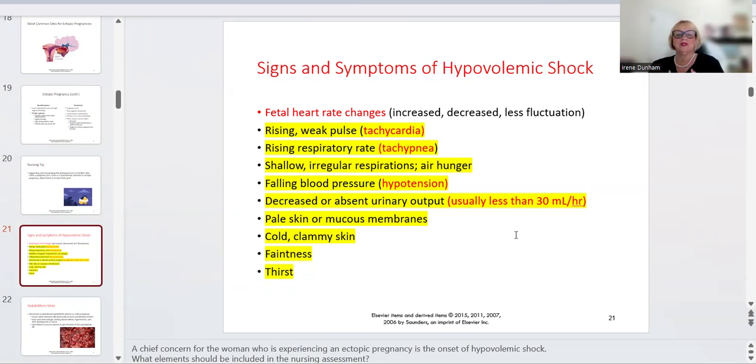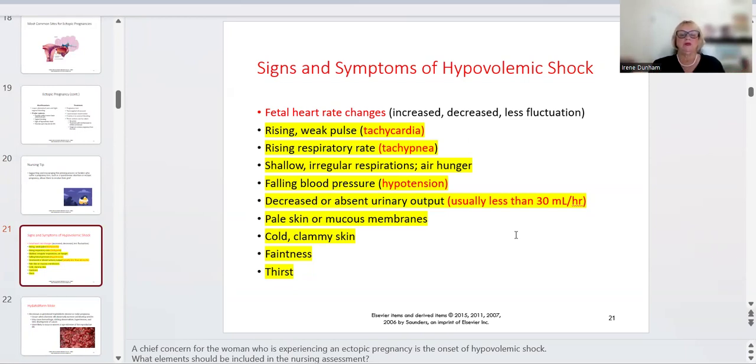The first sign you would see in a regular patient would be tachycardia. They have a very weak pulse, but it's rising. So you get tachycardia. You also get tachypnea, because this person is trying to breathe, but he doesn't have much circulating in his circulatory system. There's not much blood.